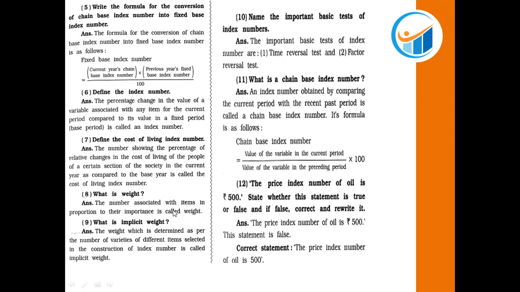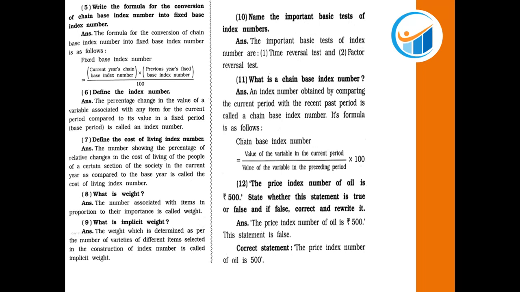In the middle of the chapter, when we used the different methods of weights, that is implicit weight and explicit weight, that is the direct and indirect method, I explained that whenever so many items are used for calculation of an index number, each and every item is not given equal importance.